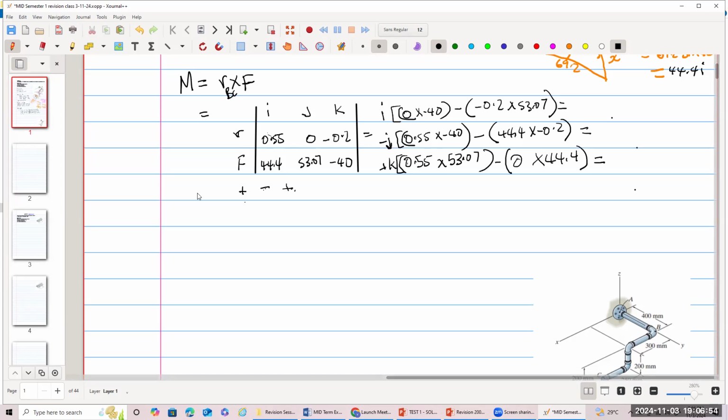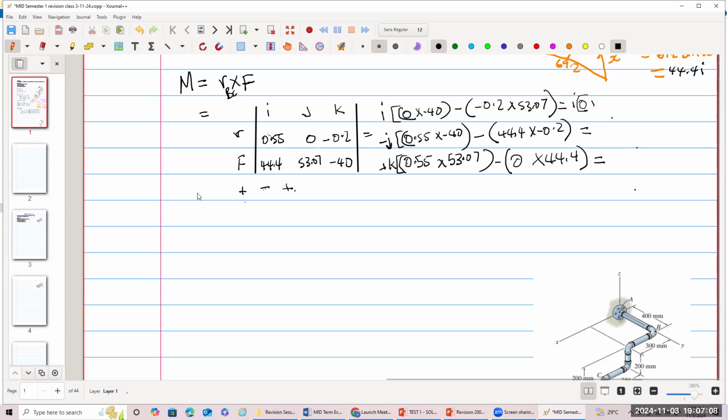The first part is 0 times 40, which is 0. So it's 0 there. But remember, you have an i in front. And now what does this work out to? Minus and minus give you a plus, not true?